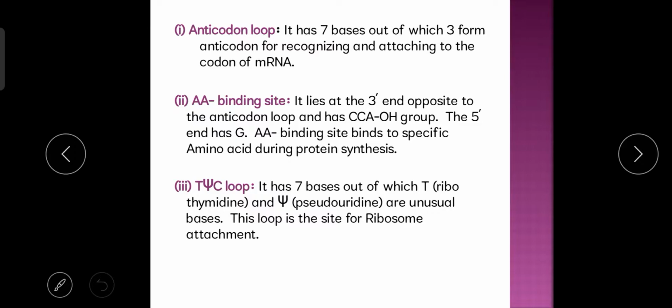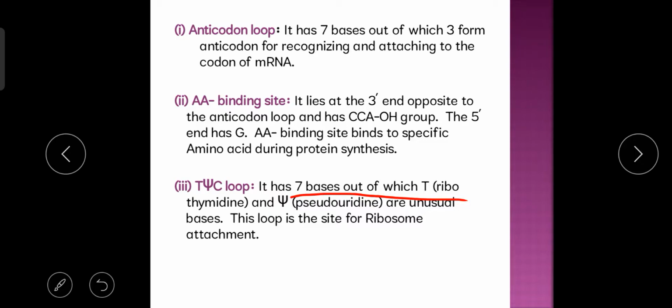So the third arm, or third loop, in the transfer RNA structure is the T-psi-C loop, where T and psi are modified nitrogenous bases, T meaning ribothymidine and psi meaning pseudouridine. This arm has 7 nitrogenous bases.